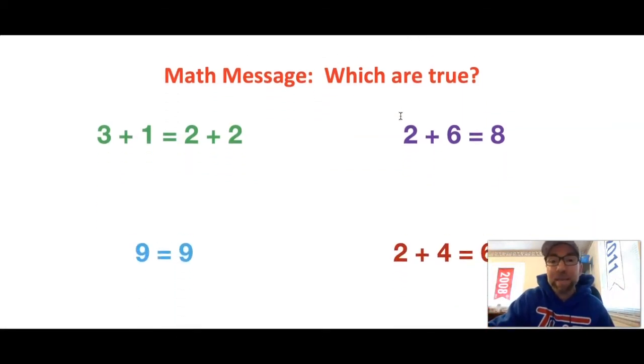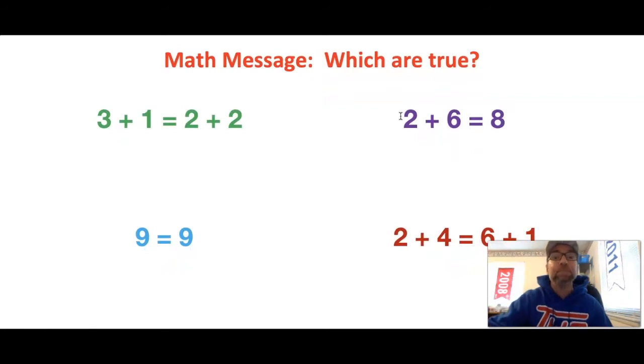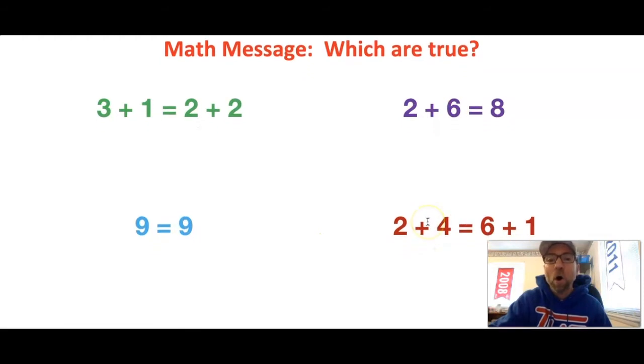Today, our math message, which is our little warm-up, is going to ask which are true. And you're going to see 4 different number models. And they all look different. Some of them are true, and some are not true.